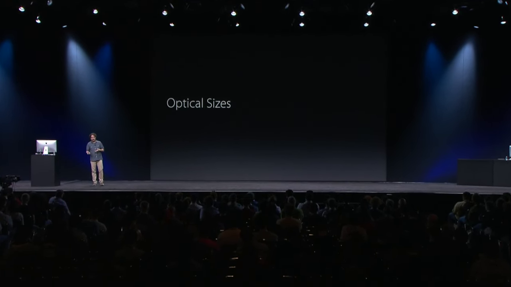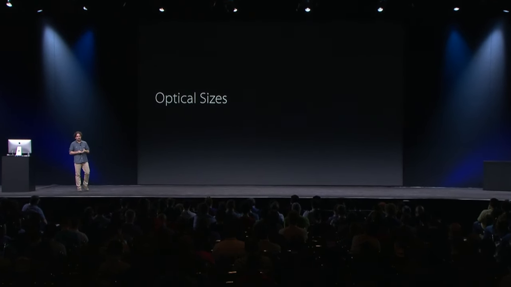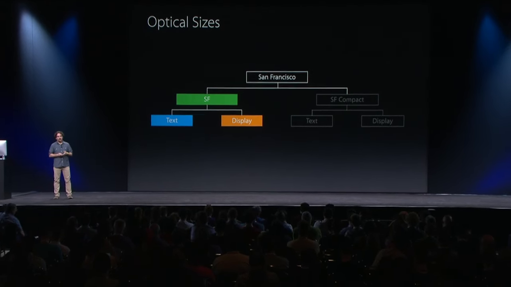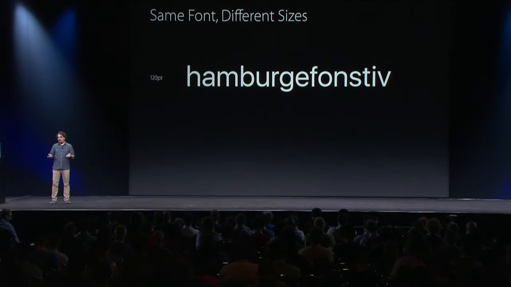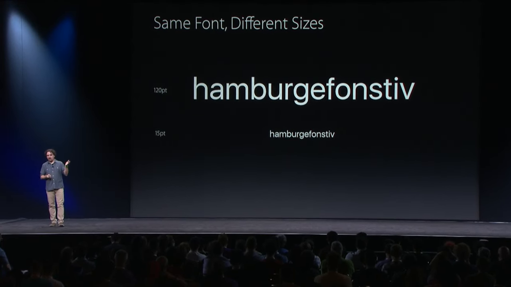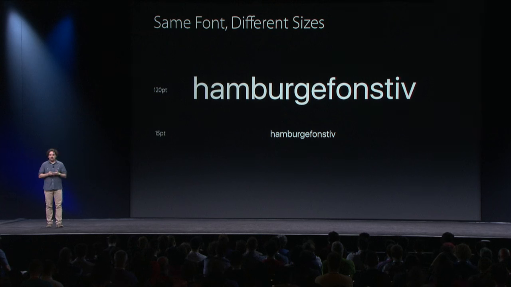And with that, I want to talk to you about optical sizes, which is this branch of the family tree that you saw before. Imagine you have a piece of text in 2 sizes in the same font. By the way, this word doesn't actually mean anything. It's something that we type designers use to look at fonts and judge their rhythm because it has flat and round shapes. Anyway, you look at it, and you may notice that the smaller version of this text is not really legible.